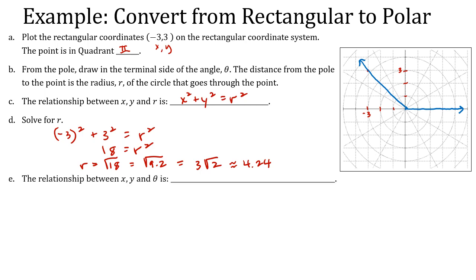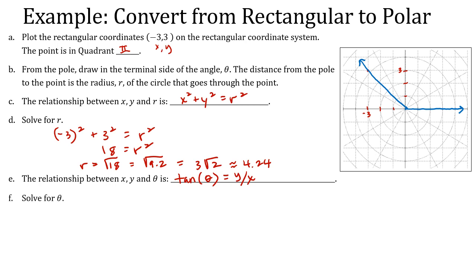All right, part E. The relationship we know between x, y, and theta is that the tangent of theta is equal to y over x. Okay. And now we want to solve for theta.